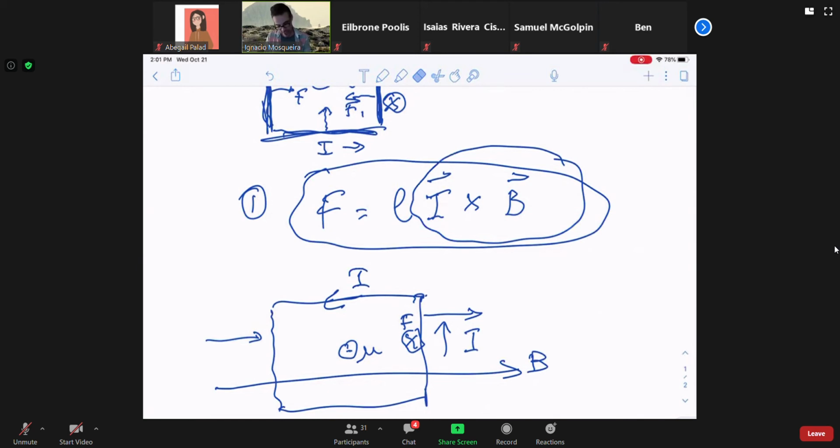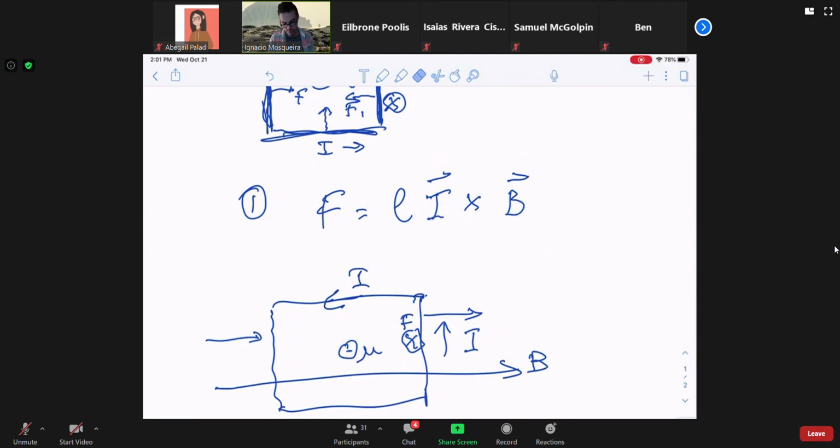When you're doing the force, you use this equation. There's a cross product. We're doing cross products constantly here. Whenever there is a cross product, you always ask yourself, what is the sine of the angle between the current and the B field? Now here on this side, what is the angle between I and B?